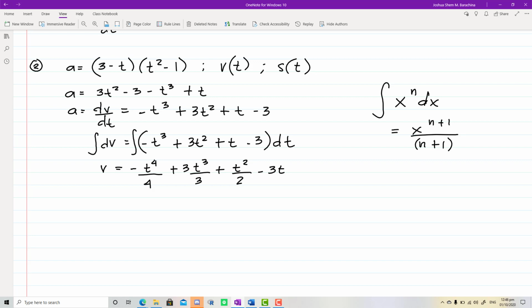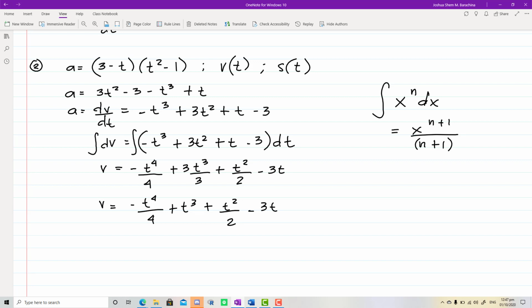Pero kaya muna natin yun. And then we will have your velocity simplifying negative t raised to 4 over 4 plus t raised to 3 plus t squared over 2 minus 3t.